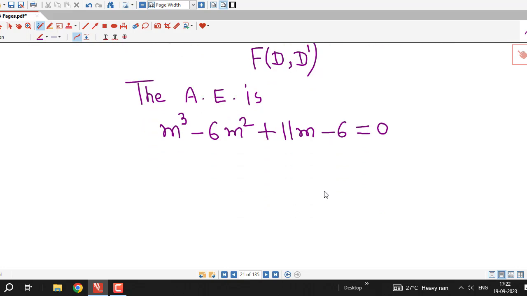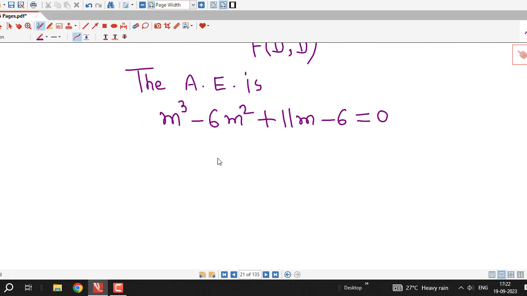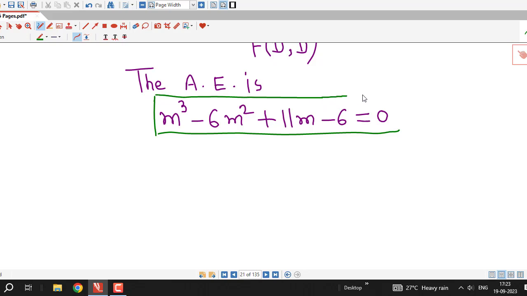And now we have to decide the roots of this auxiliary equation, which is a polynomial equation of degree 3 in variable m. Now this is not easy to solve directly, so we have to concentrate on the constant term. We know that if this type of polynomial equation has an integer solution, then it is always a divisor of the constant term.